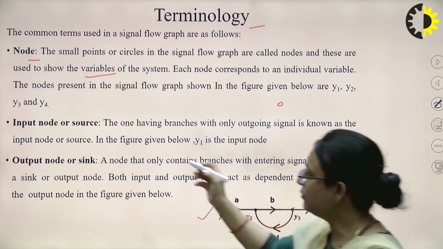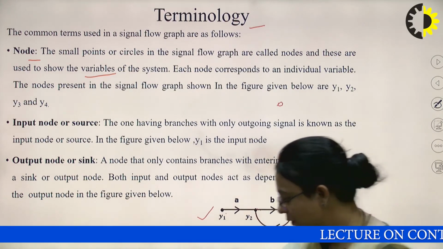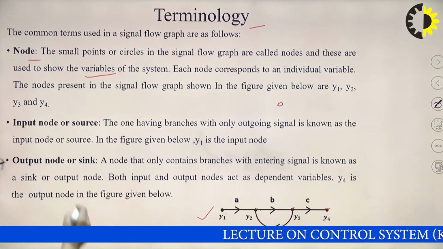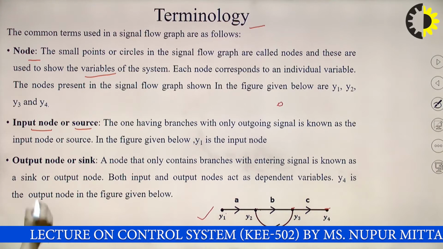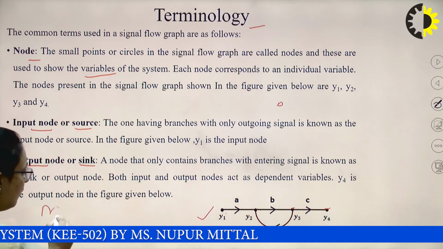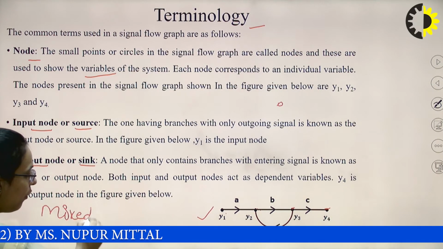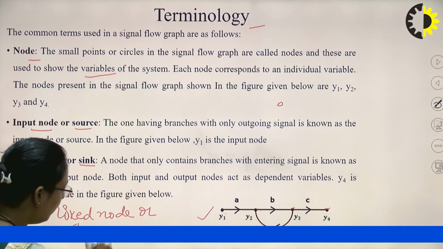Now there are basically 3 types of node in a system. One is the input node, or you can say source node. Another one is the output node or the sink node, and the third one is the mixed node, or you can say chain node.